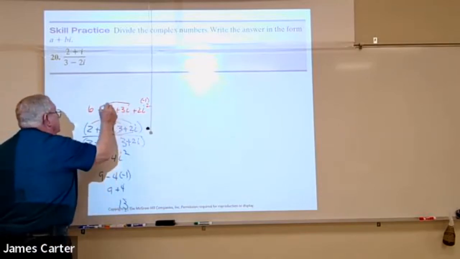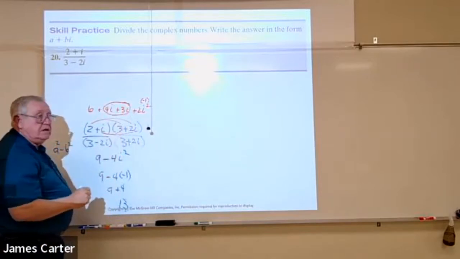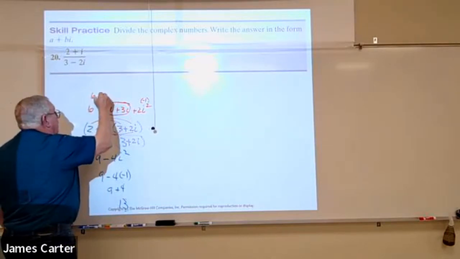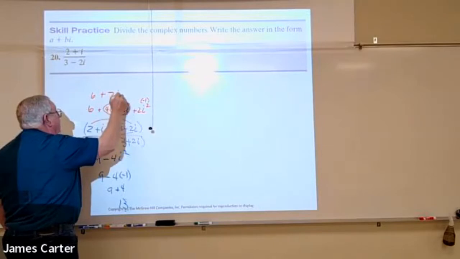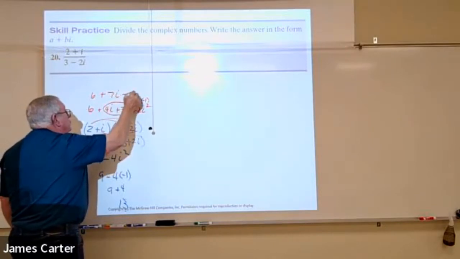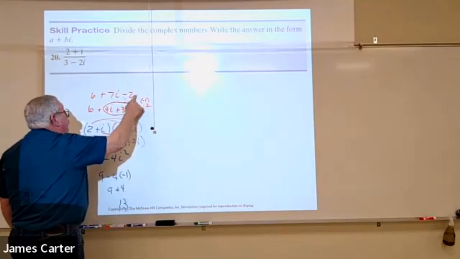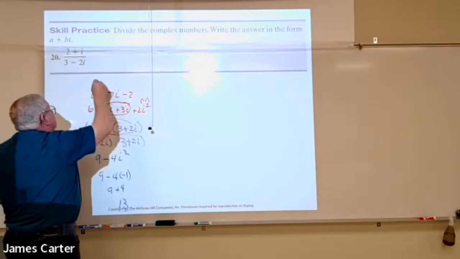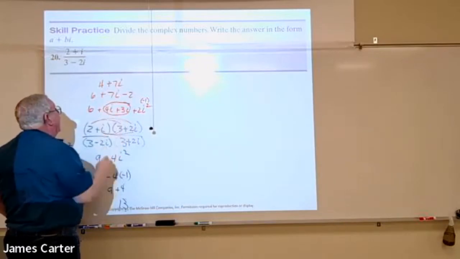Okay, these two can be combined. So I've got 6 plus 7i minus 2. Well, 6 and minus 2 gives me 4 plus 7i.